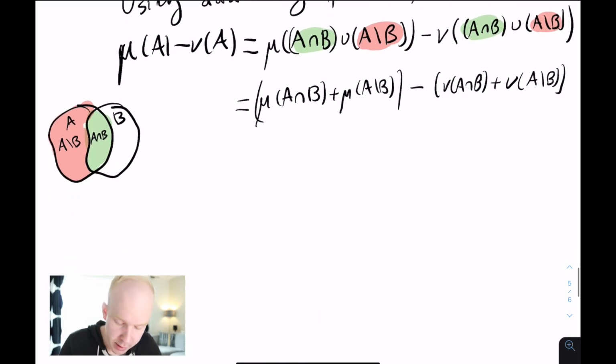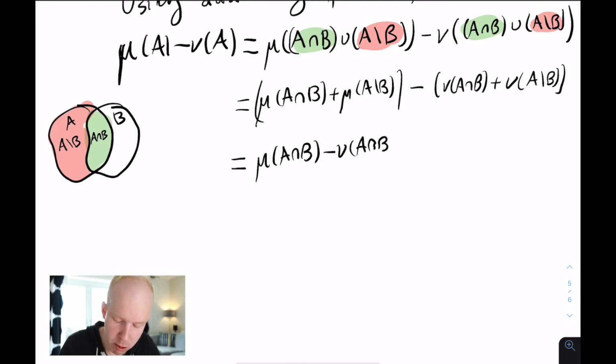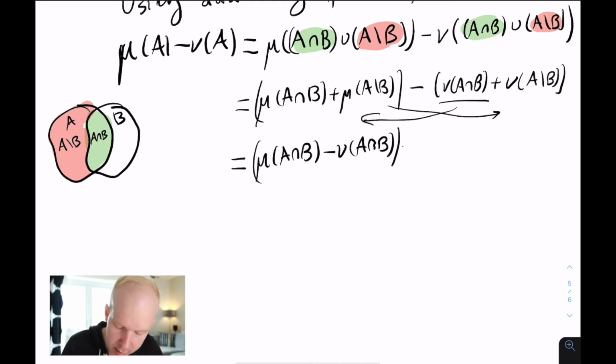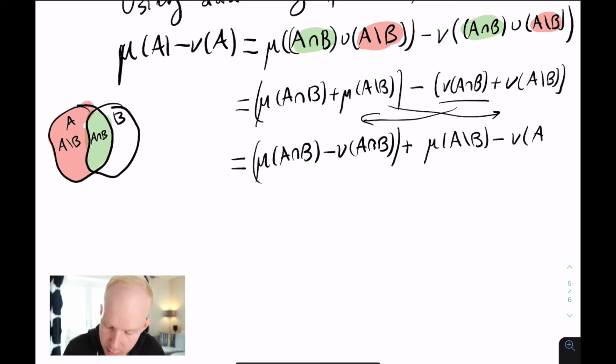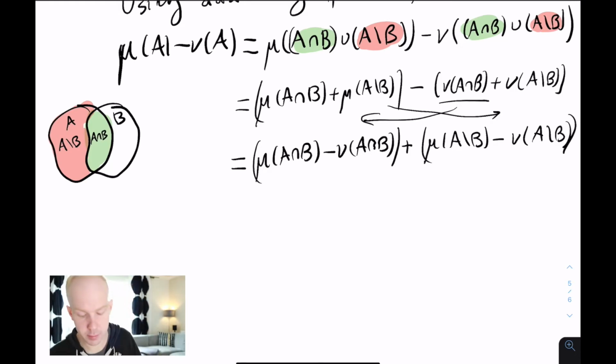Now you can reorganize them a little bit, putting terms on different sides. You take mu(A intersection B) minus nu(A intersection B), and then I obtain mu(A minus B) minus nu(A minus B), just reordering the terms.